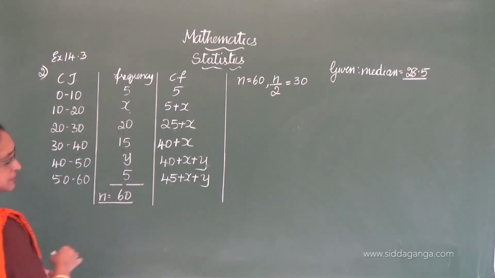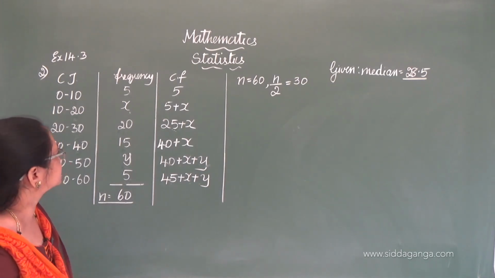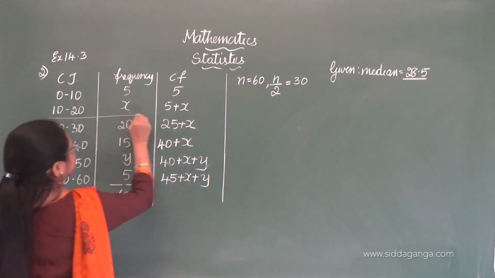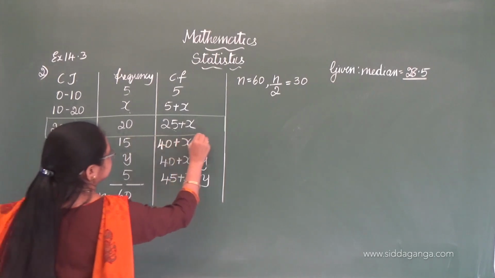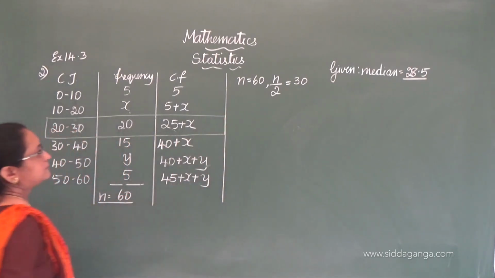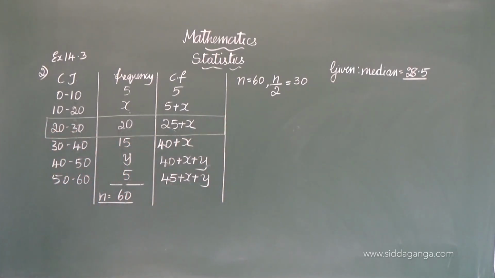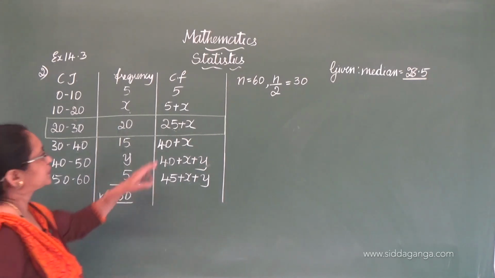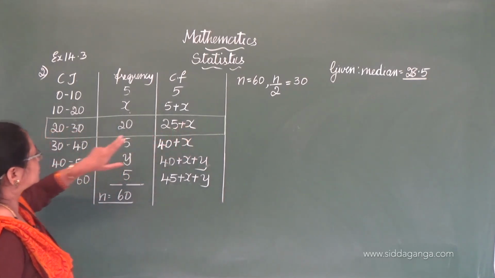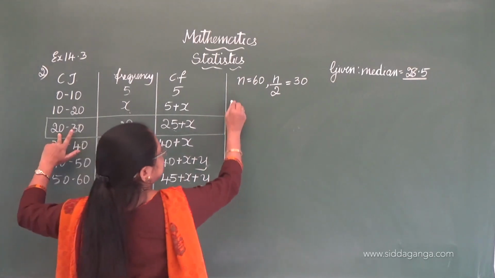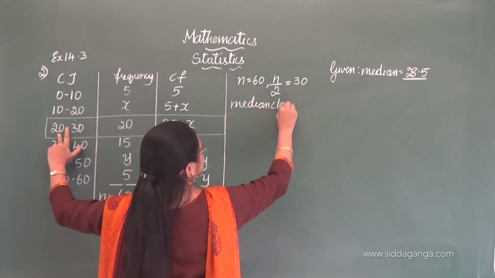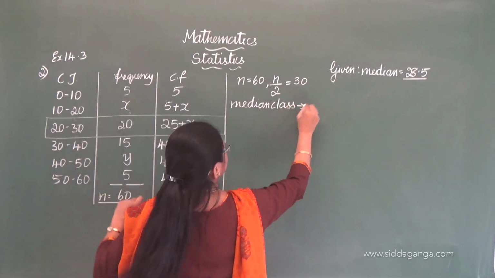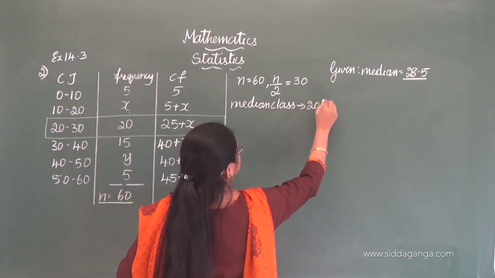So here I am going to mark this. So this is our median class, 25 plus x. So here it lies. Okay. So what is the median class? Median class is 20 to 30.